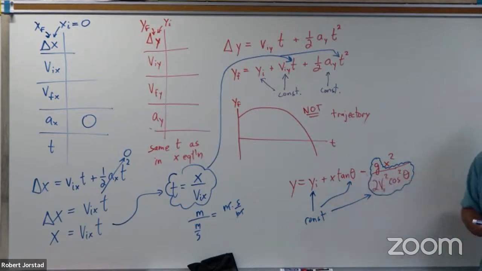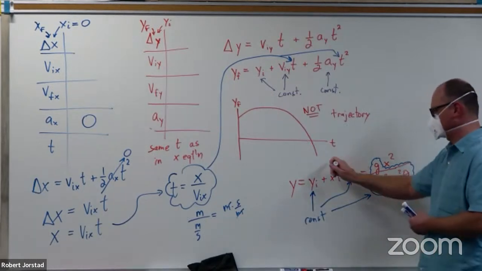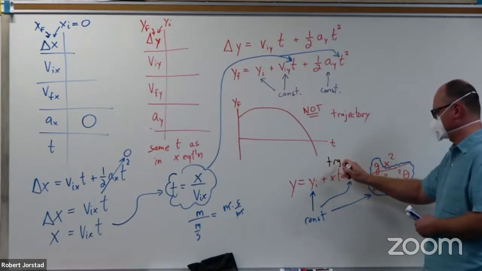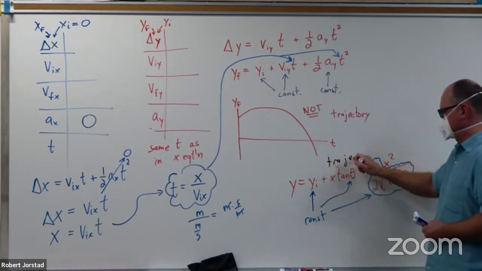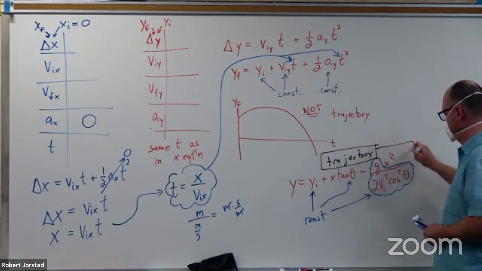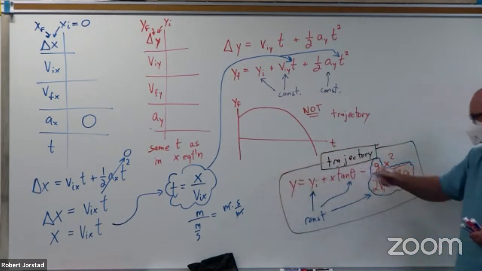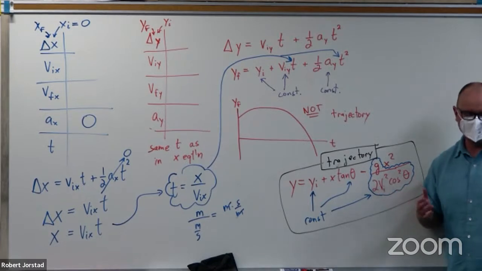This is also a parabola, but this is a parabola that describes y in terms of x. This is the trajectory. See the subtle difference, if I could spell. You're going to hear me say that word trajectory a few times towards the end of class today. That's why I want to make sure you understood that trajectory is the path in space. So far, so good?